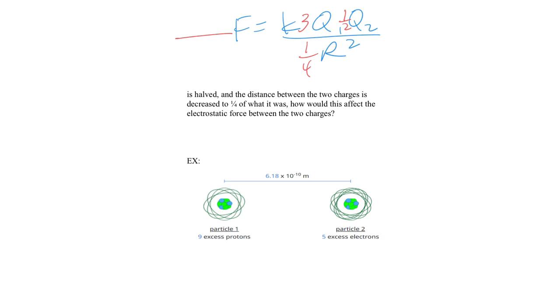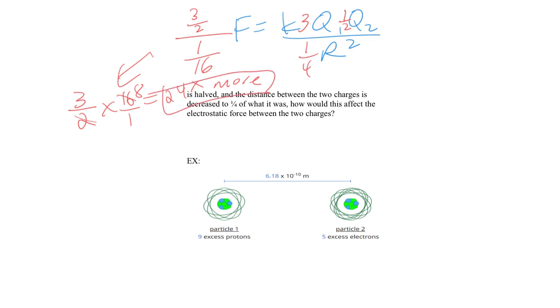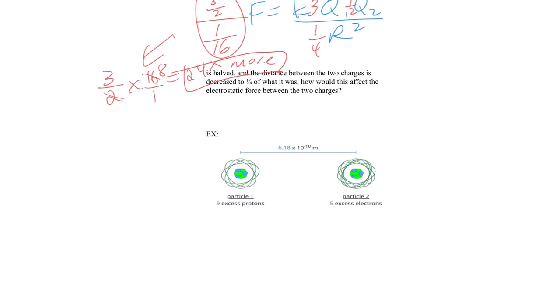F equals K Q1 Q2 over R squared. Well, 3 times 1/2 is 3 halves on top. 1/4 squared is 1/16. So 3 halves times 16 over 1 would be 24 times more than it was. You could just do this on your calculator if you don't want to do the algebra.